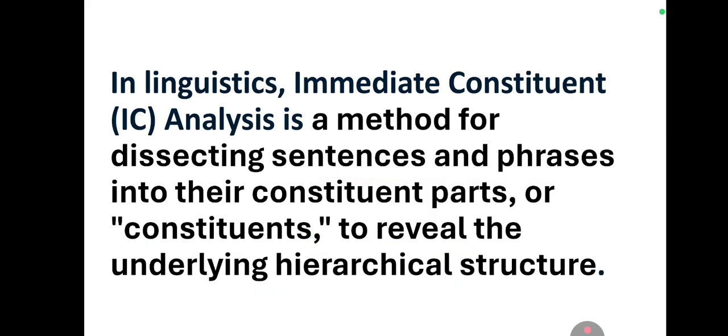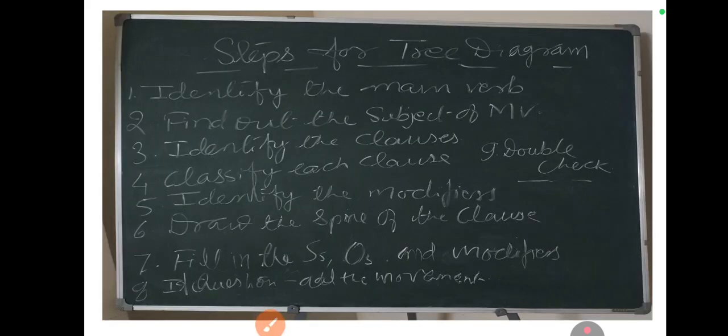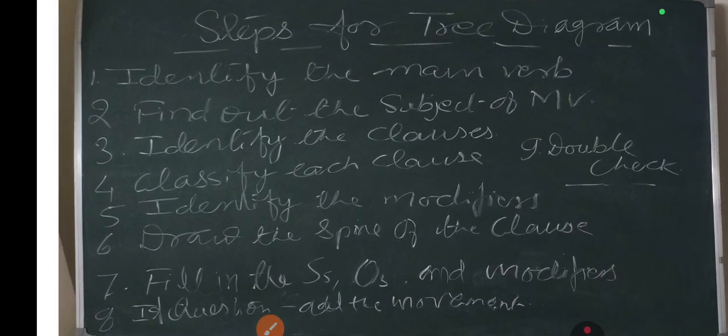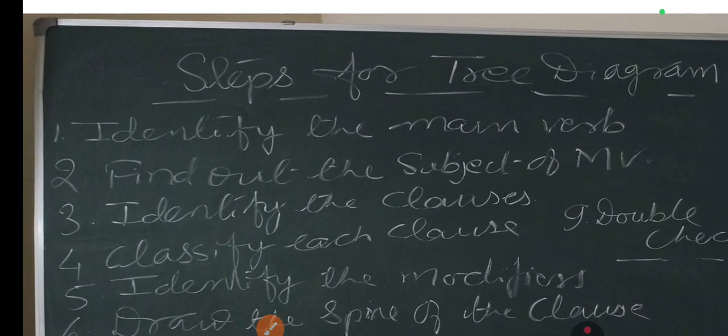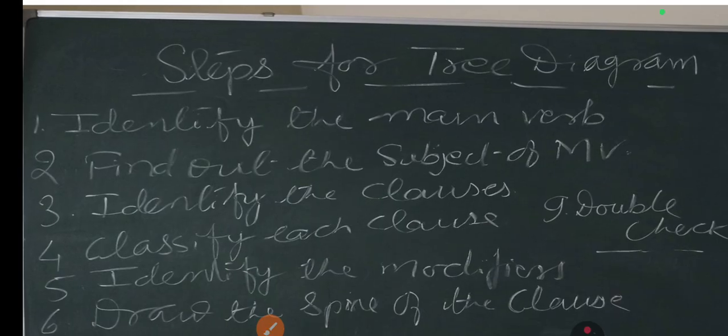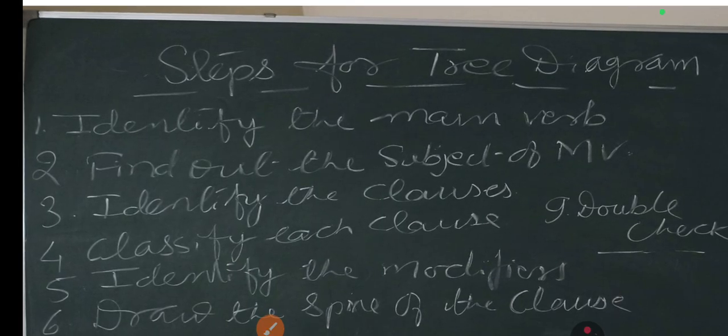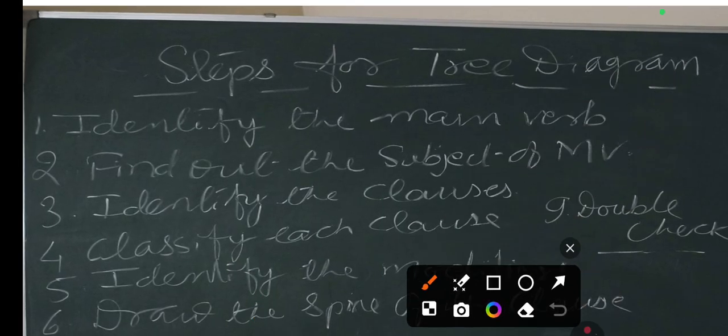This is the purpose of IC analysis. So here I have written some steps from the notes, how to dissect, how to make a tree diagram, right? It's not very clear, but I am reading for you.